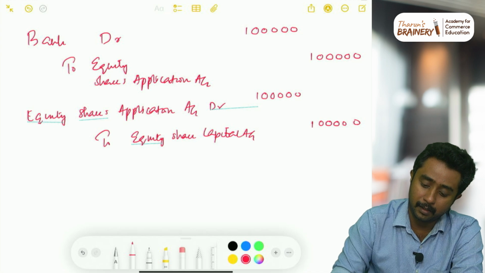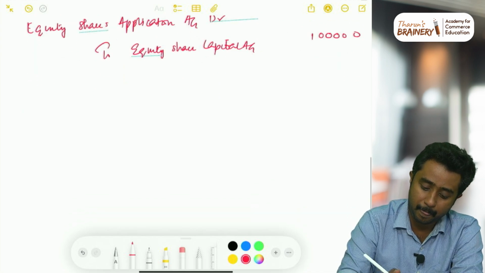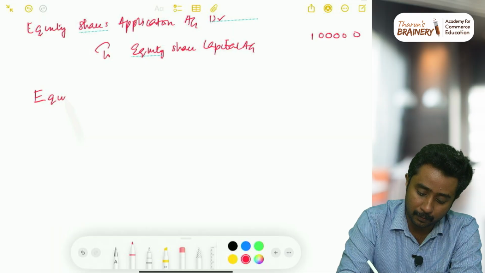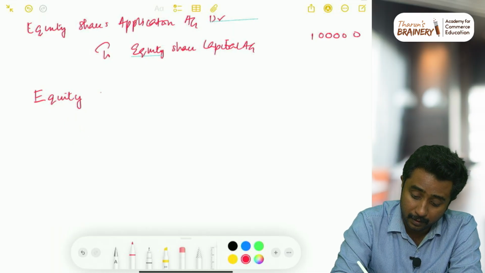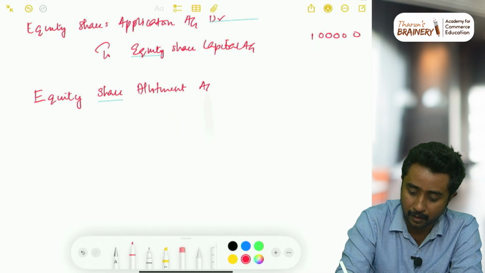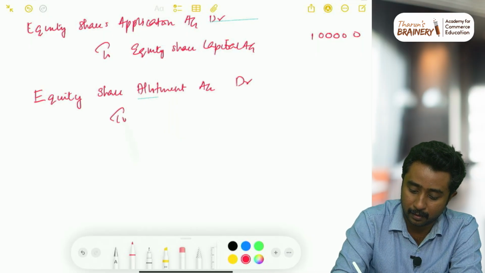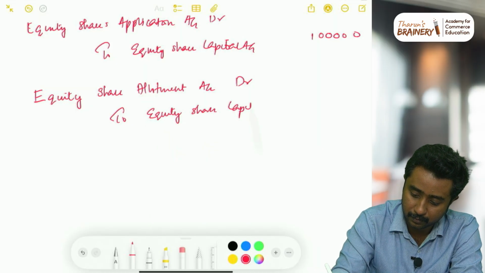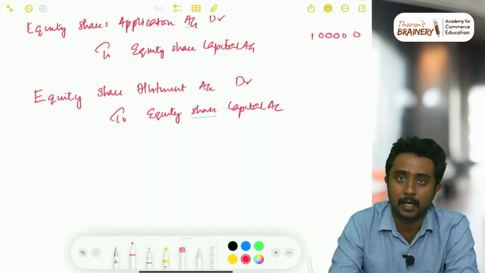Third entry will be, this is the time for making the allotment. So equity share allotment account debit to equity share capital account.